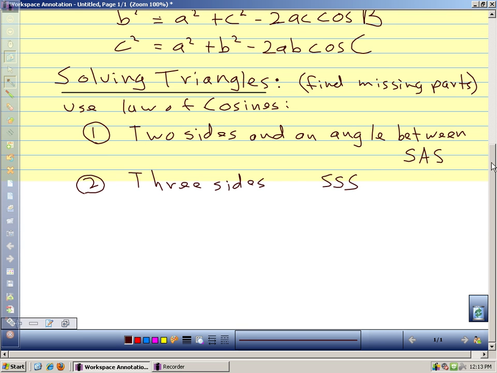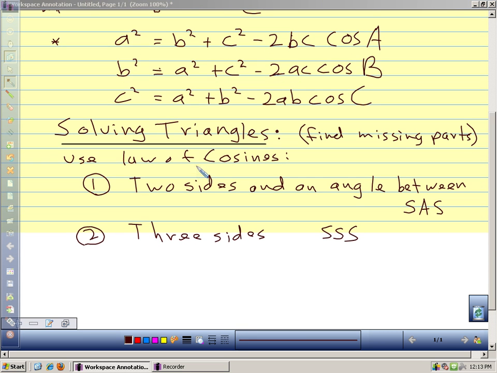And another thing about the law of cosines is that if we solve a triangle, if we're looking for all the missing pieces, usually you would use the law of cosines once. After you use the law of cosines once, you have enough information then to use the law of sines. And the law of sines is a lot less complicated than this.